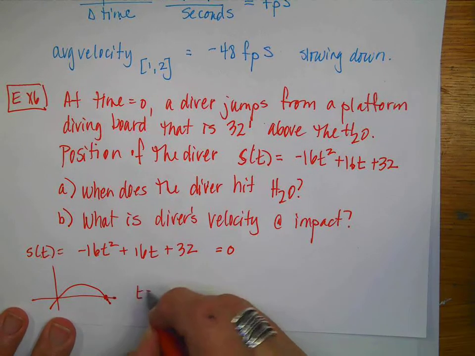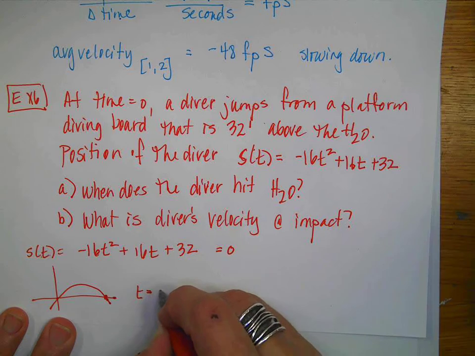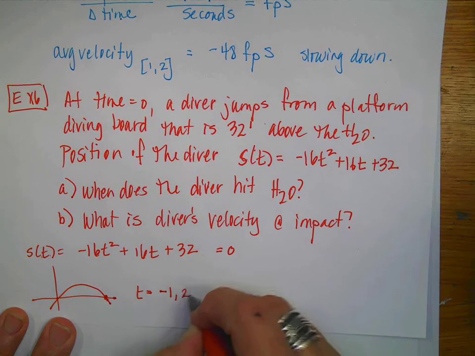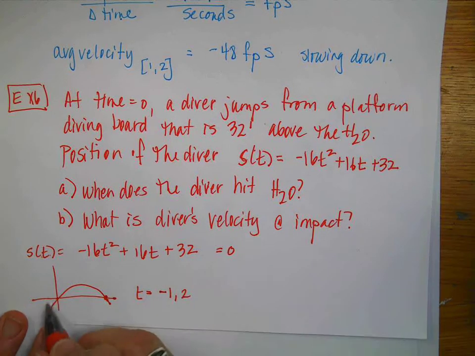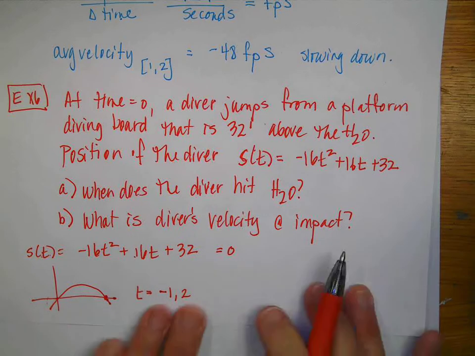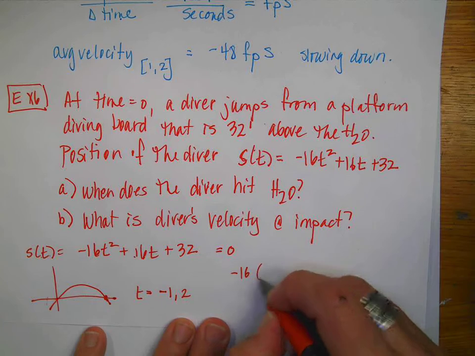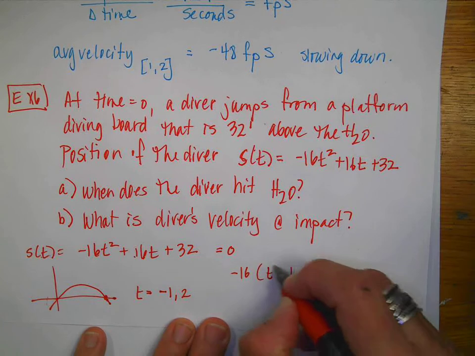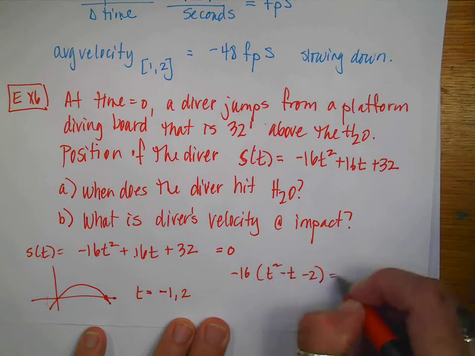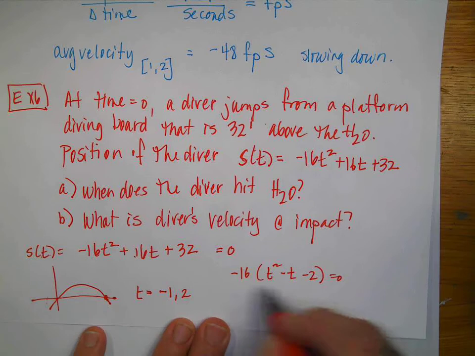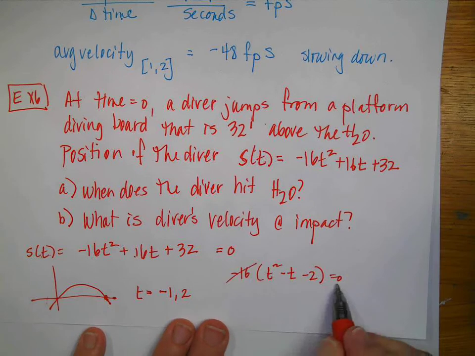If you do this in your grapher, you're going to find that time is equal to negative 1 and 2, because this would be over here technically. But I can also do this by factoring. We love our favorite F word. If I take out a negative 16, I would get t squared minus t minus 2 is equal to 0.